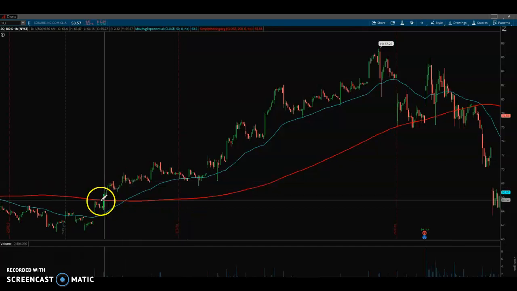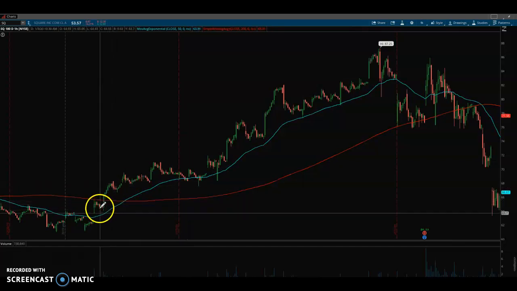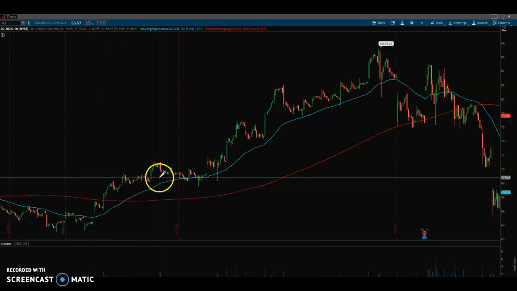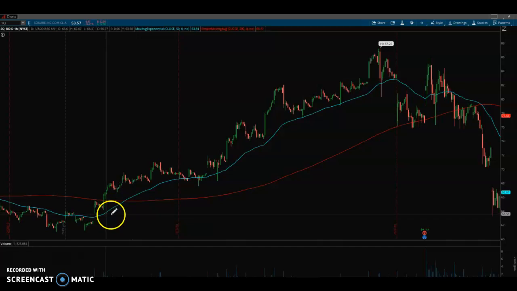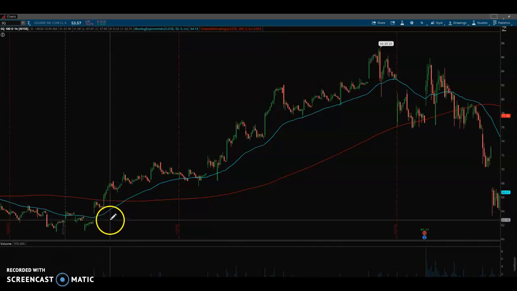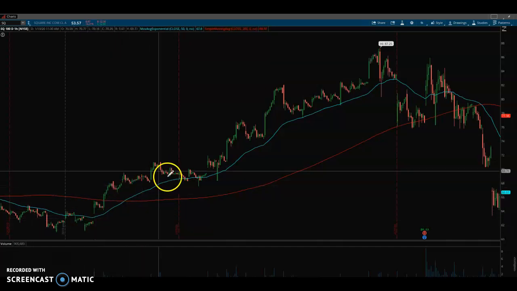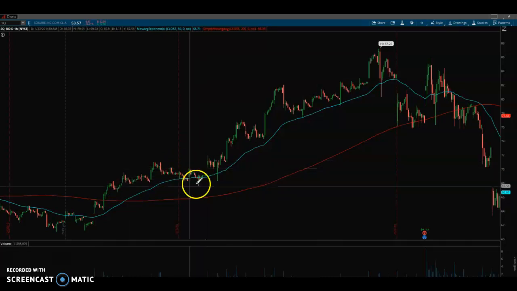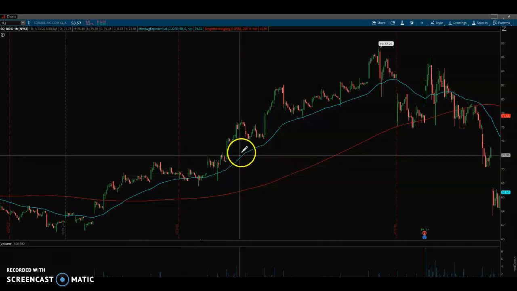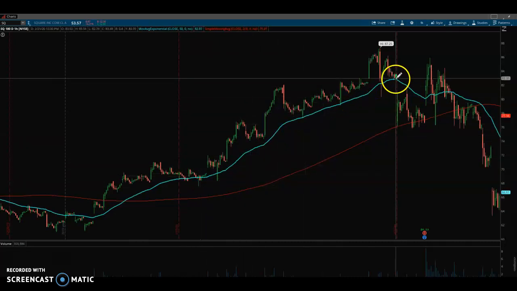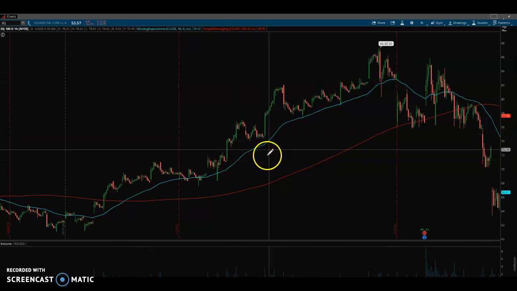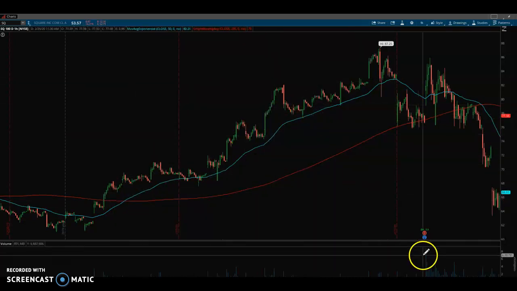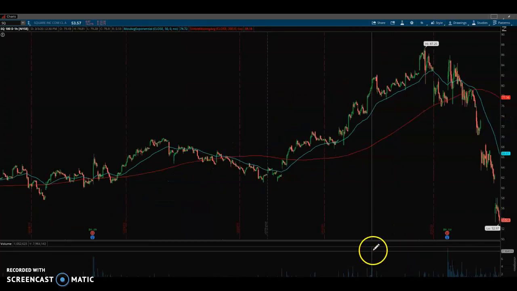If the stock breaks above the 50 EMA, take it long or buy some calls. If it breaks below it, short it or grab some puts. You swing it until it breaks back down below the 50. If it crosses back above it, you grab it long again and grab some calls and ride it on up until it breaks back down below the 50 again. I like to use this on the hourly chart, and it's a very effective, nice, easy strategy.